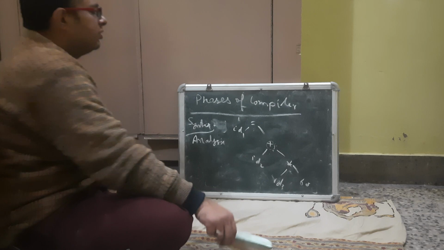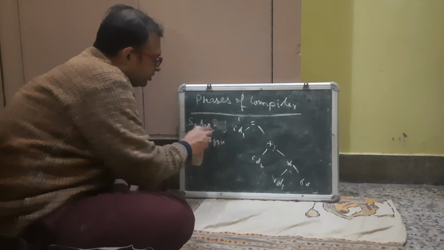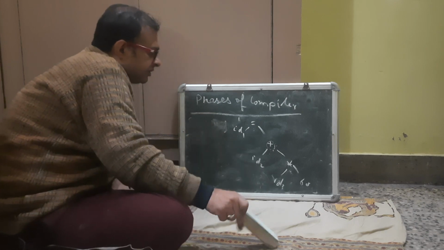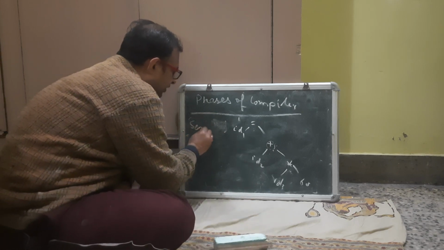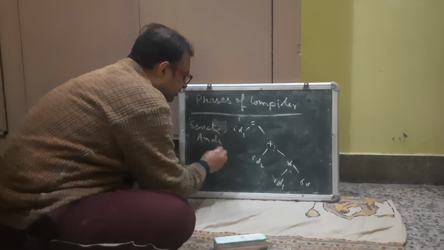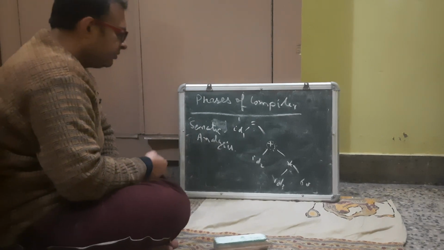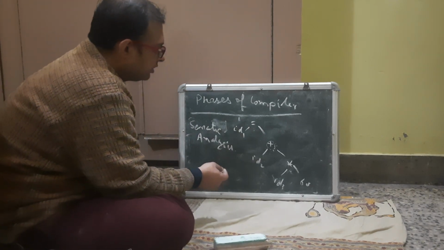Now we come to the next phase, that is semantic analysis. I show the result of the semantic analysis here itself. Semantic analysis is an optional phase. There may be a requirement of semantic analysis or not.